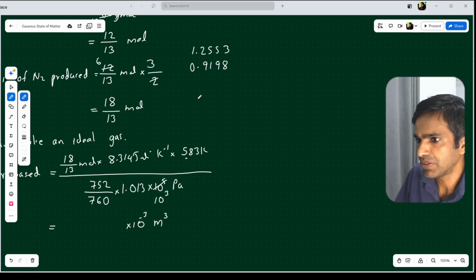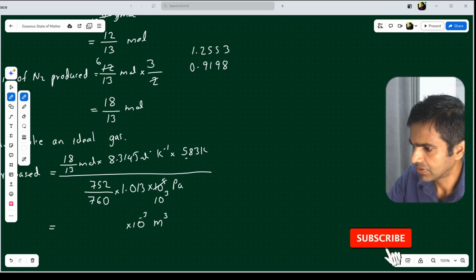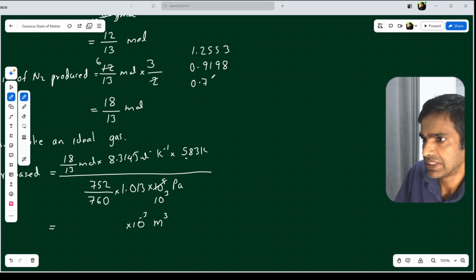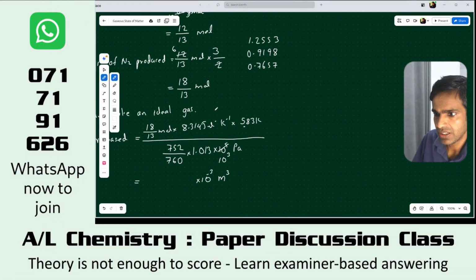Then the logarithm of 5.83 is 0.7657. Then you need the logarithm of 760. It is 2.8808.